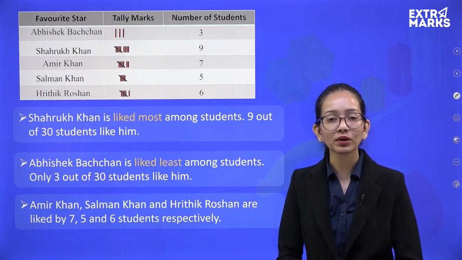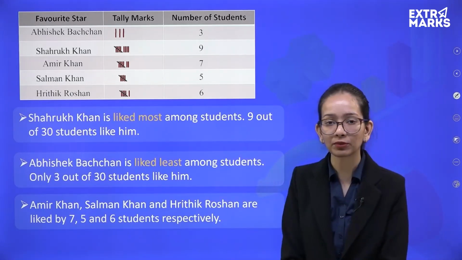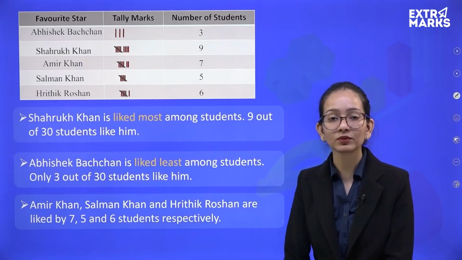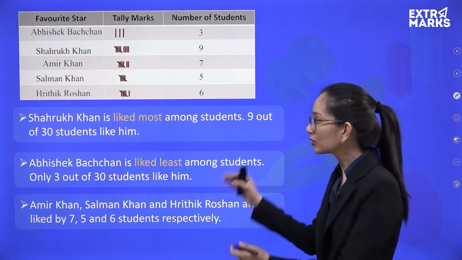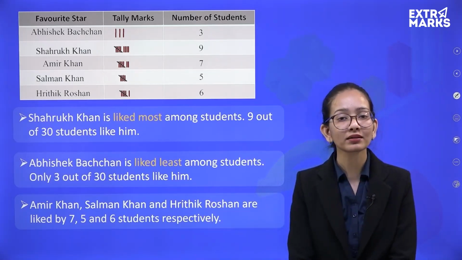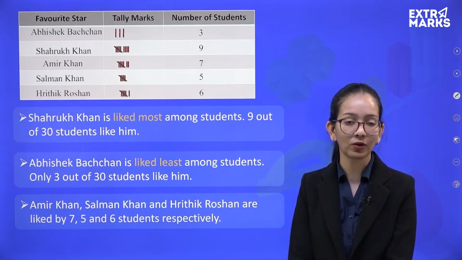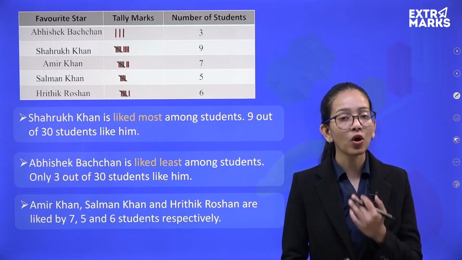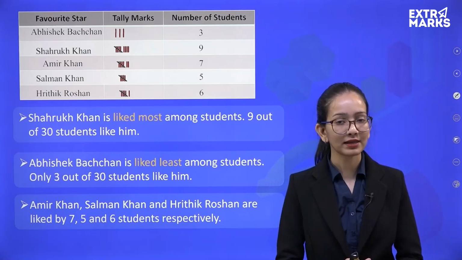So overall, what I want to conclude is that from this frequency distribution table, which you have drawn for the raw data given, you can now easily extract and conclude the information from the data. That is the advantage of organizing the data.